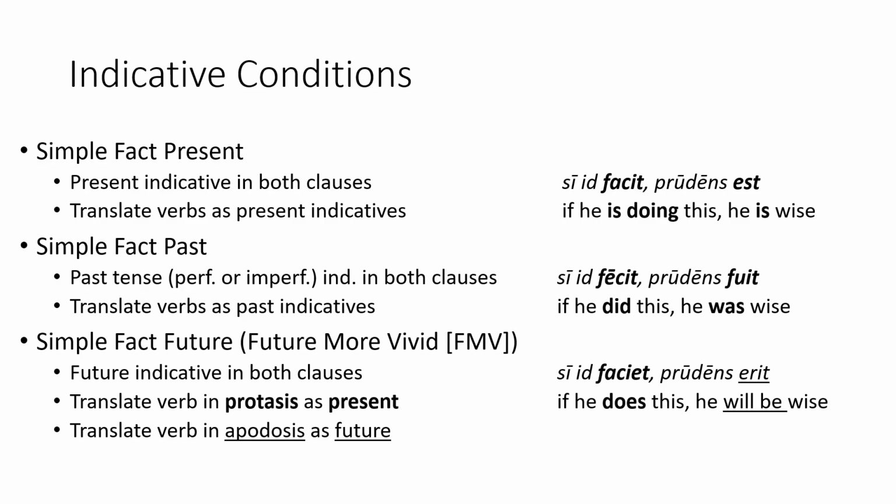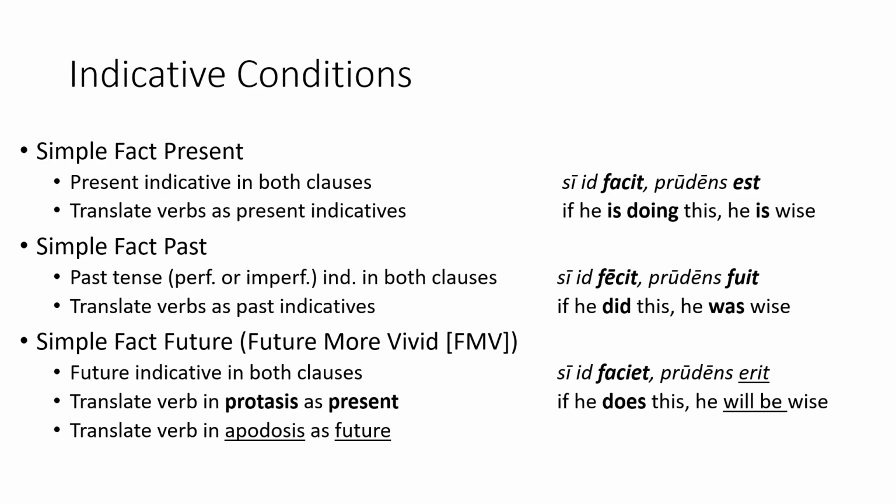The simple fact future condition, also known as the future more vivid and abbreviated FMV, has future indicative verbs in both the subordinate clause and the main clause. In these conditions, you translate the verb in the protasis, the if clause, as present, since in English, if plus the present has a future sense, and the verb in the apodosis, the main clause, as future.